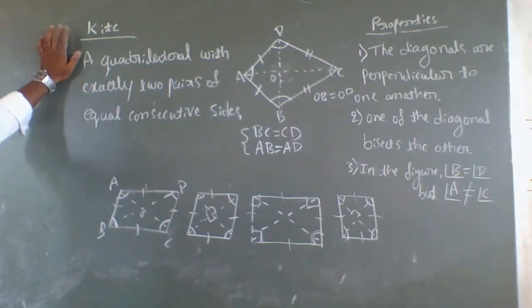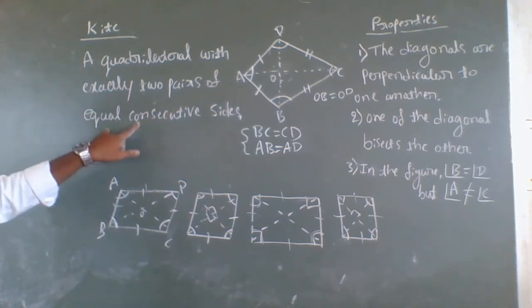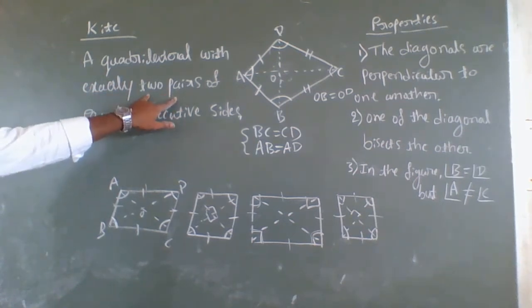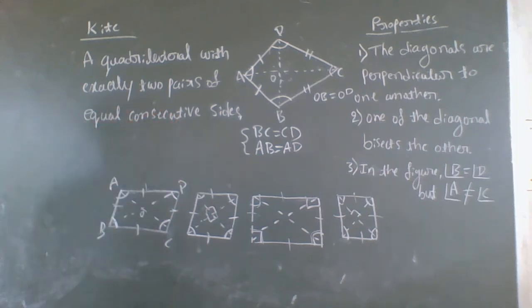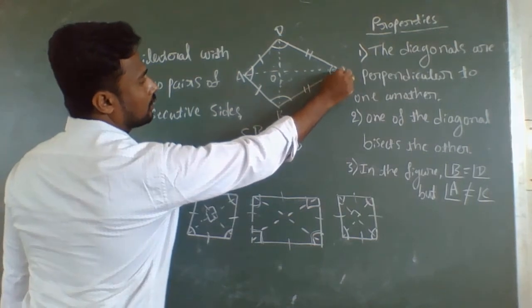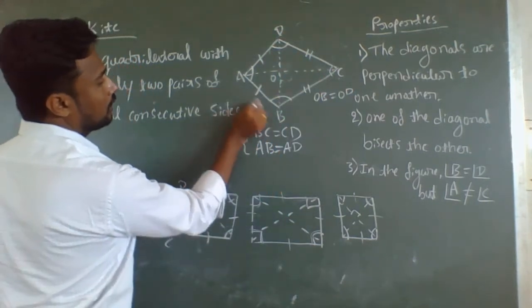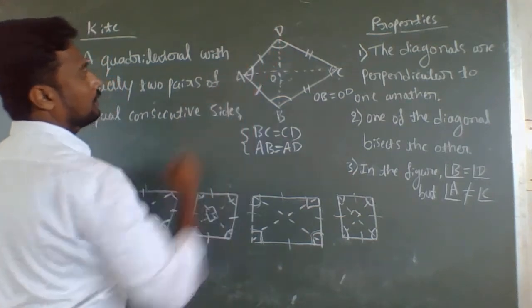And the last one is the kite. It has two pairs of equal consecutive sides: BC is equal to CD, and AB is equal to AD.